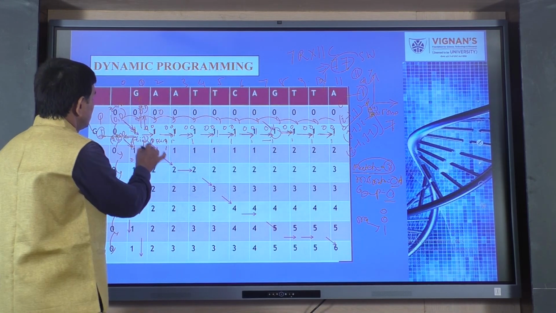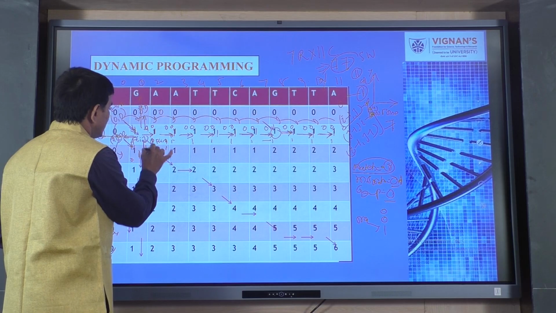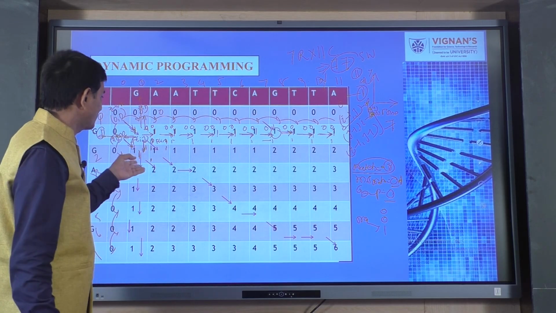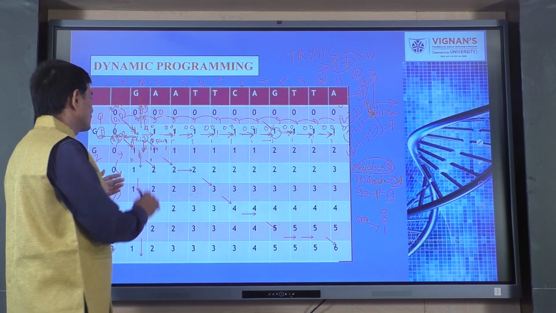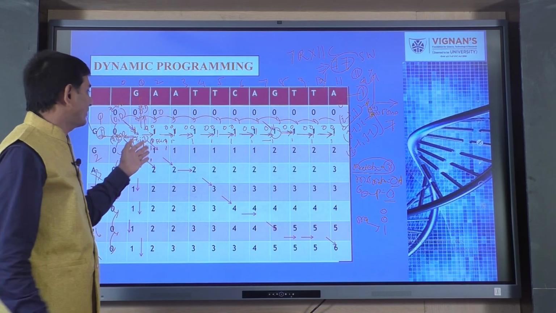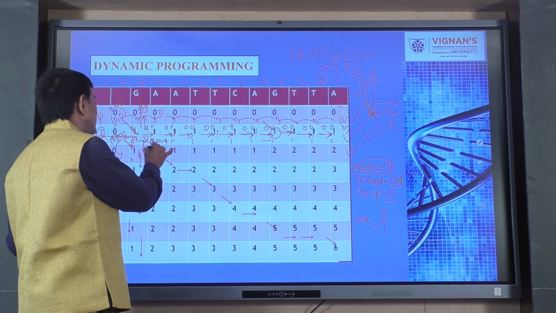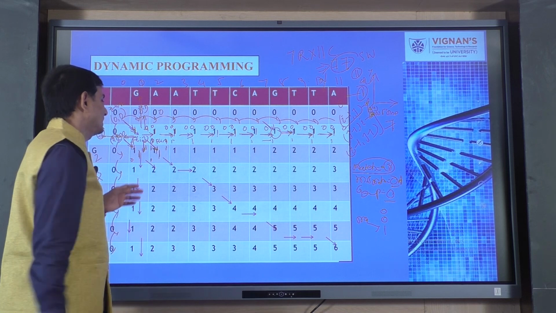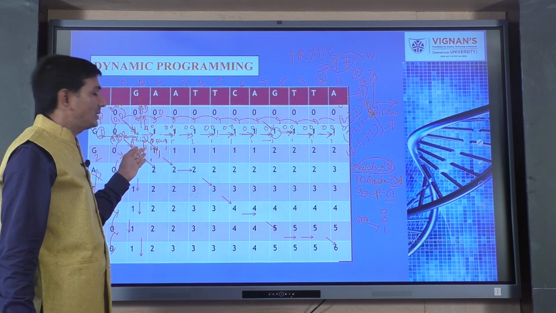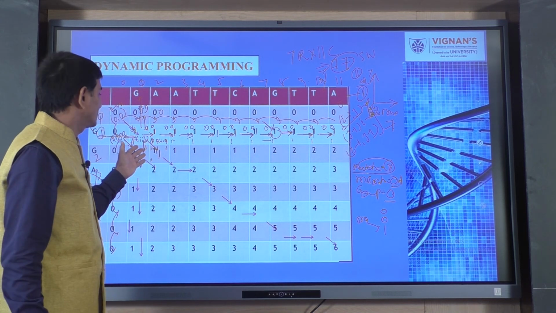So, 1 plus 0 is 1, right. Here the positive value of 1 is obtained in more than one direction. So, if all three of them give the same value, then priority should be given to the cell where both change in row and column is noticed.